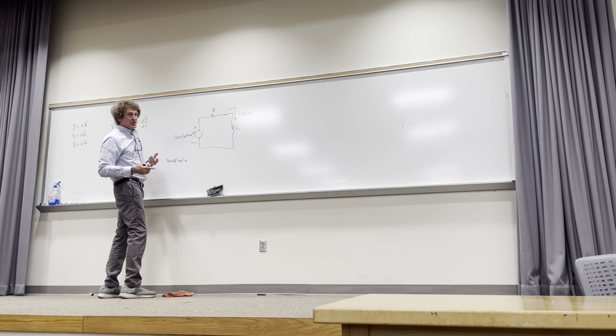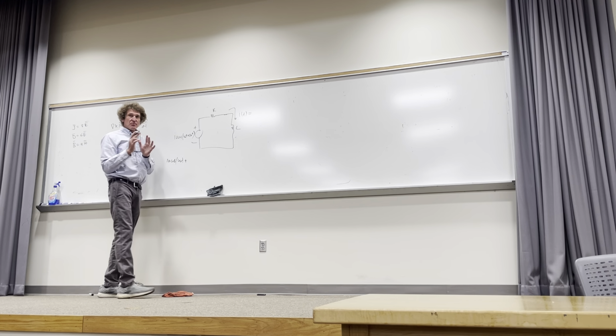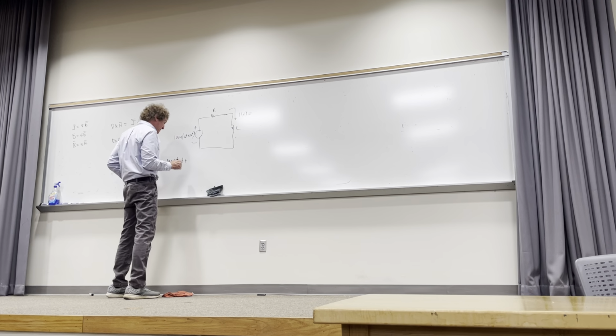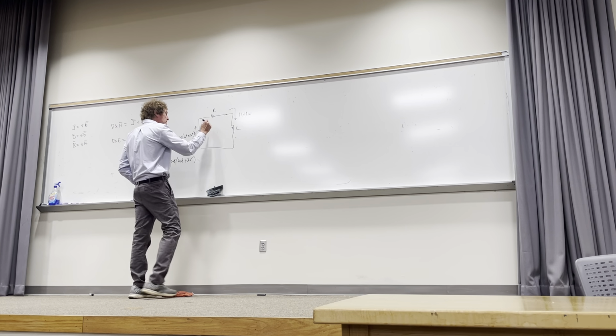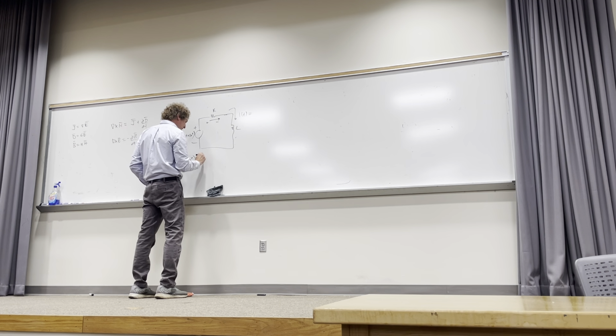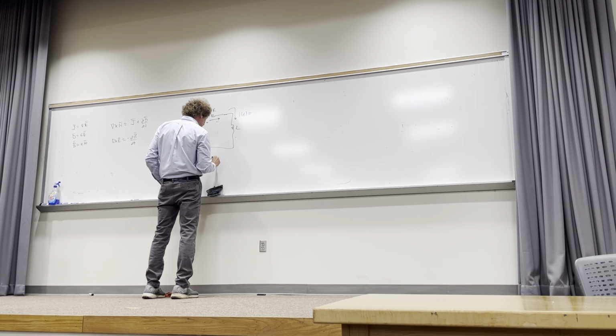Really, it shouldn't be 30 degrees here, but I see that in Dave's book. It should be in radians, because omega is always in radians. That would be pi over 6, but I'm going to leave it as 30 degrees here. That would be equal to, well, if you have i of t here, the voltage here would be i of t times R, right? And then plus the voltage across an inductor is L times di dt.